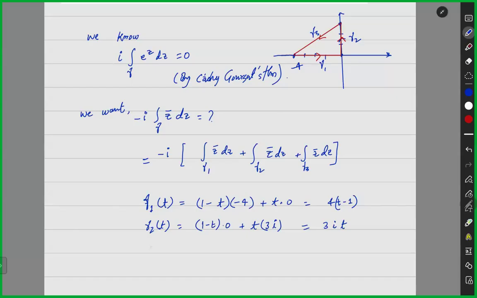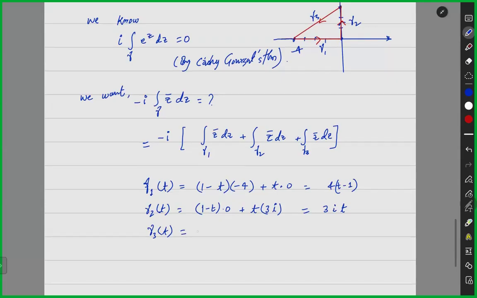What is gamma 3? We can also write it with parameterization interval 0 to 1. 1 minus t, the initial point is 3i, so we write that here, plus the endpoint, minus 4, times t. So what we are getting here is minus 4t plus 3 times 1 minus t times i.